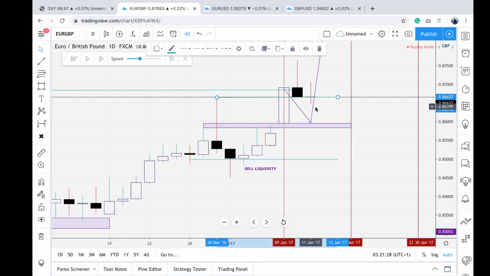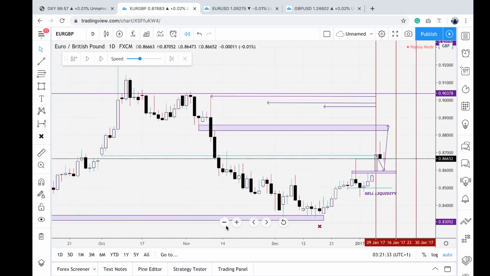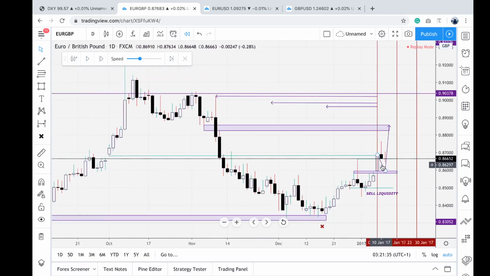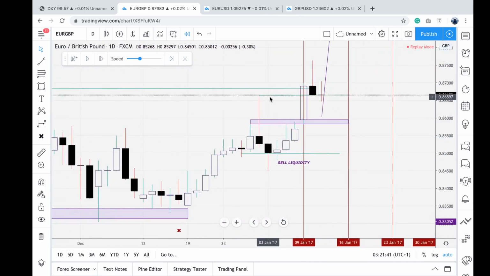You can see a daily compression candle. So we could see bullishness off this level on Euro Pound. Okay, so let me make this more of a zone so you guys can see this clearer. So we do this.